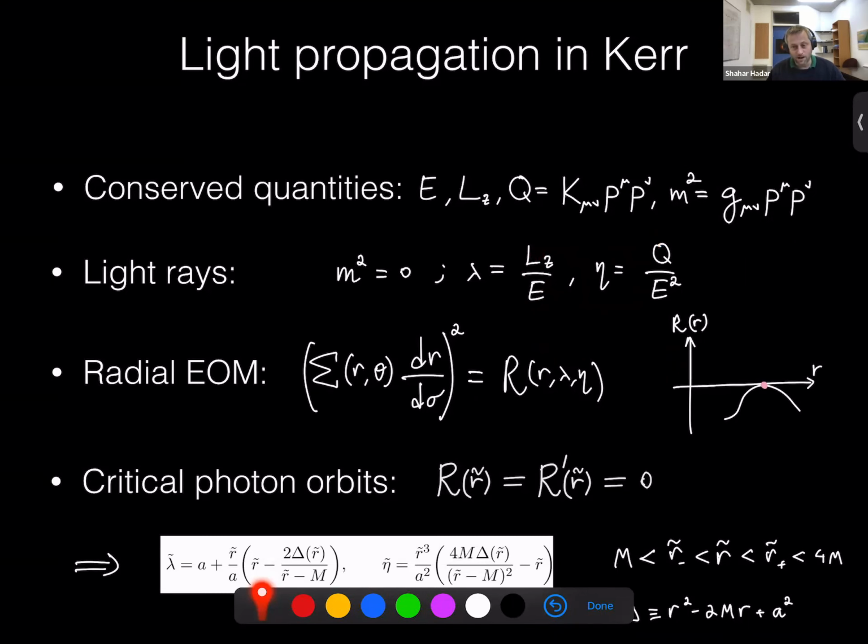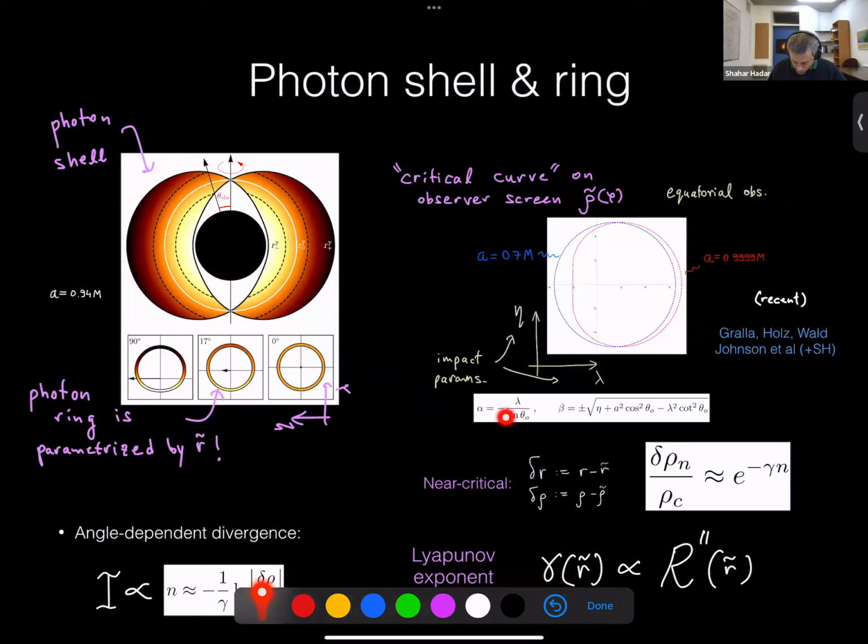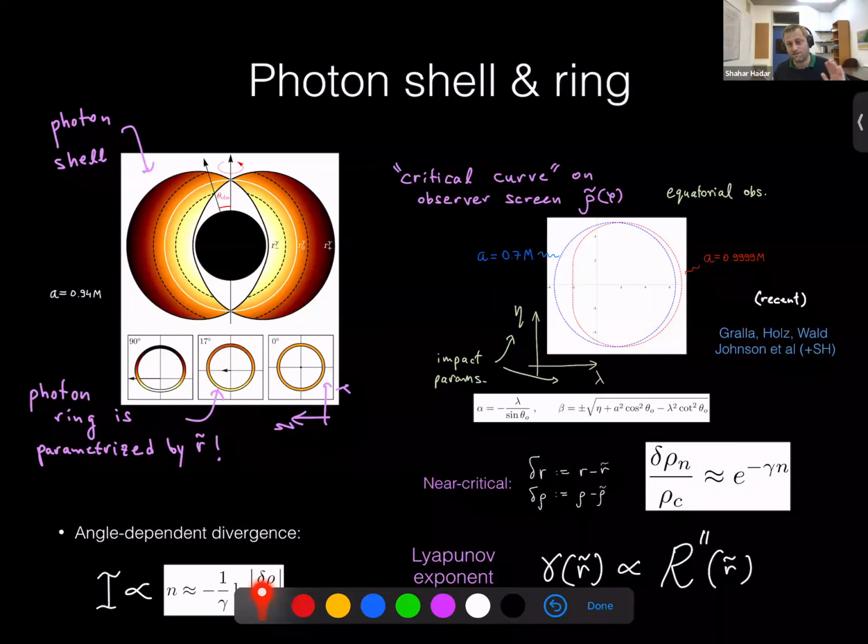But they turn out to be, from the point of view of a faraway observer, through these equations here, related to the Cartesian coordinates here, called the Bardeen coordinates, on the screen of a faraway observer. So you can see that this alpha is the x coordinate and this beta is the y coordinate on this graph. But I drew lambda and eta here just to say that, morally, lambda is the x-axis and eta is the y-axis.